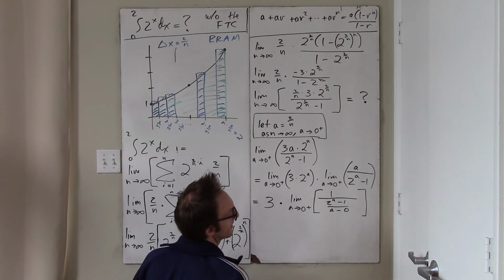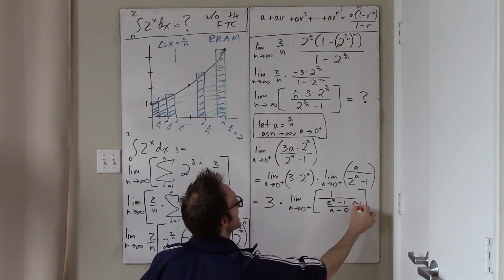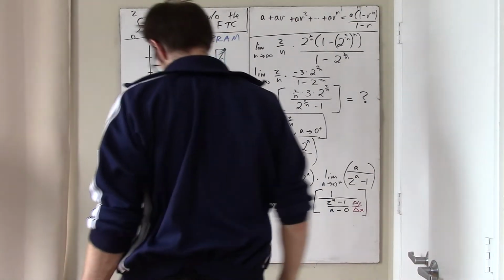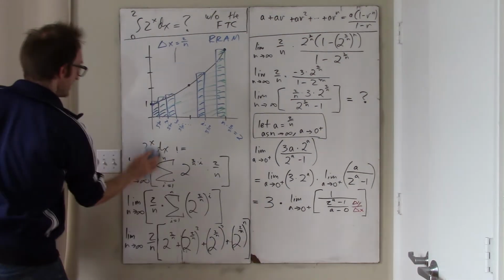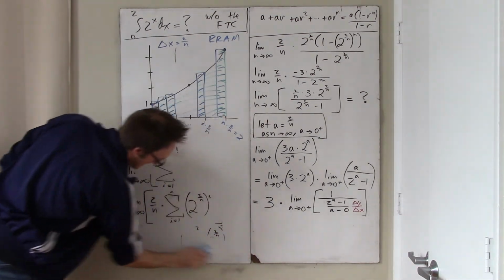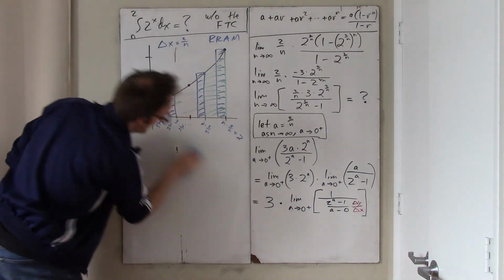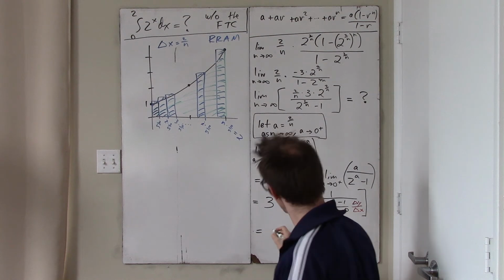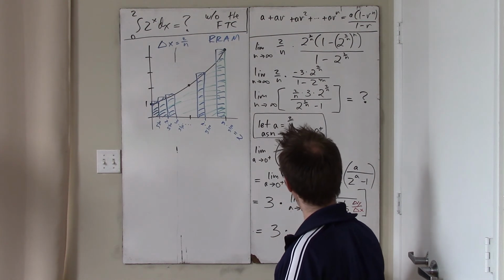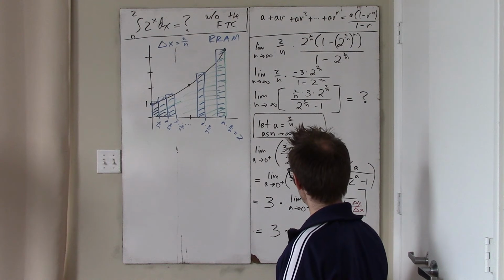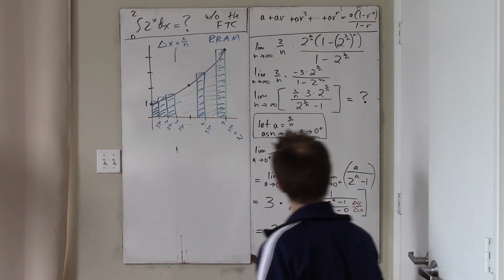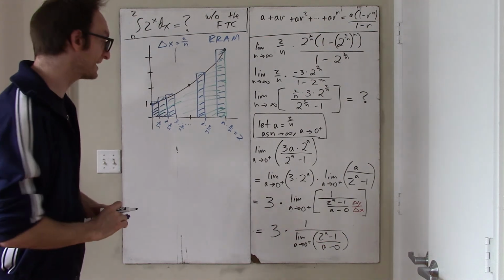Observant people might recognize this as some kind of change in y over change in x. And indeed, this is a derivative. So my almost final answer is 3 times 1 over the limit as a goes to 0 of 2 to the a minus 1 over a minus 0. And when you write it like that, we see exactly what that limit is.